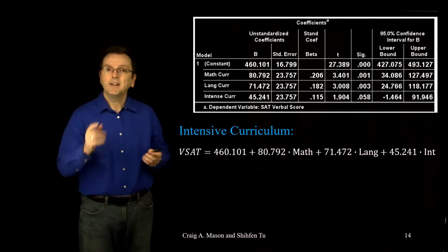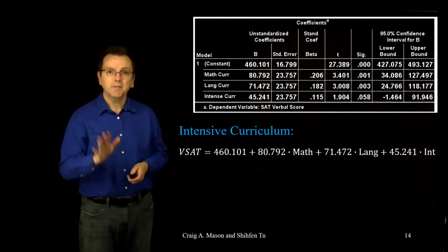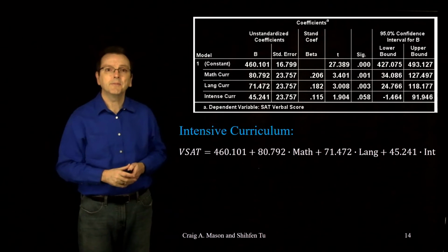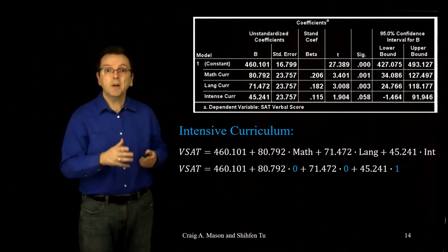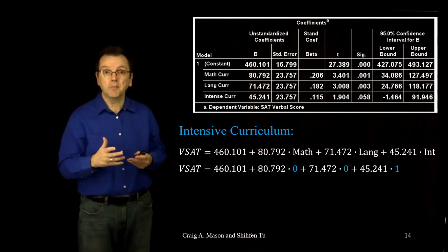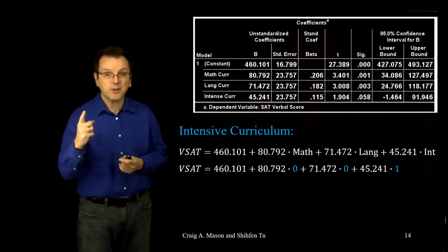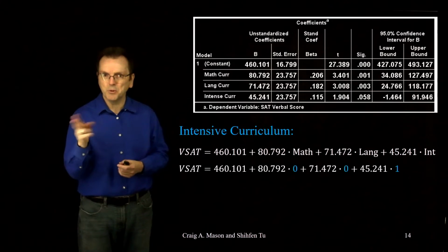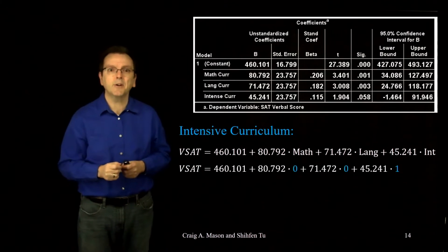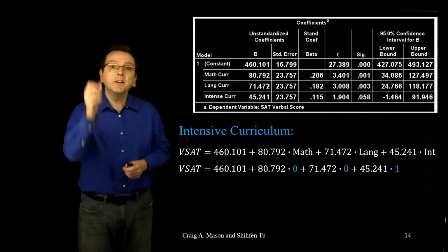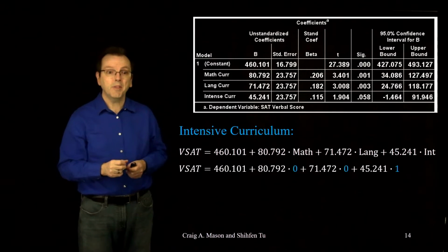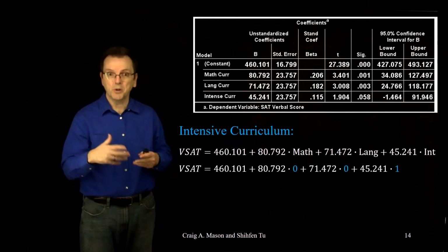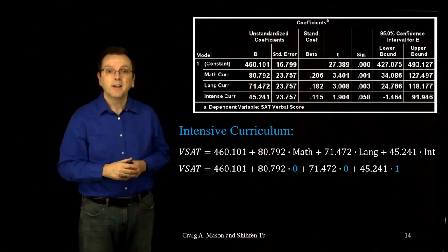Okay? Did you see the pattern here? Let's check it out. If someone is in the intensive curriculum, then they're not in the math curriculum and they're not in the language curriculum, so both of those dummy codes would be 0. But they are in the intensive curriculum, so that dummy code would be equal to 1.